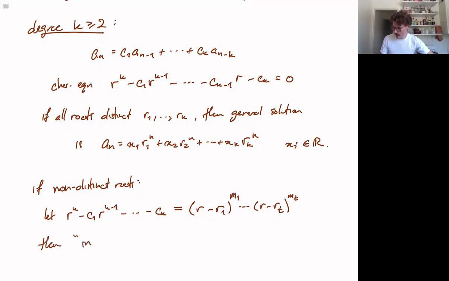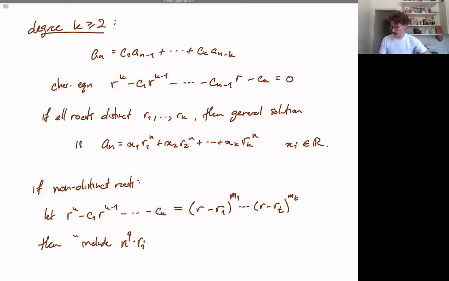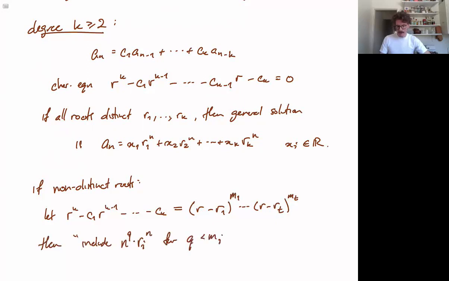So include n to the q times ri to the n as a fundamental solution for q less than the multiplicity, you take those powers of n.